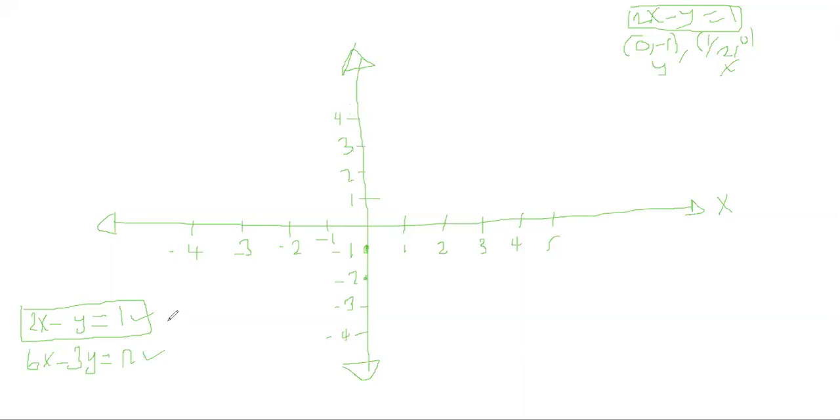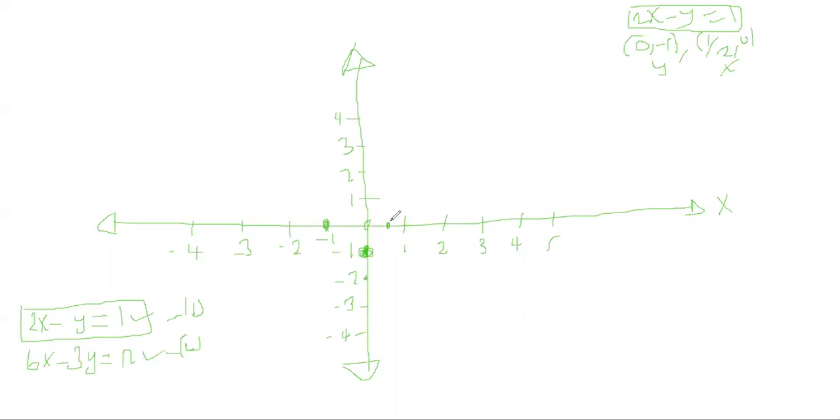So for the first equation, we have the intercepts already. When x equals 0, y is -1, so it should be here. When y is 0, x is half, so we will have half around here.